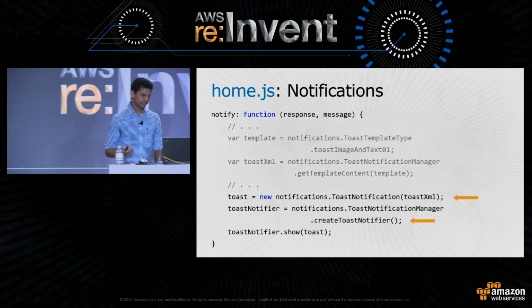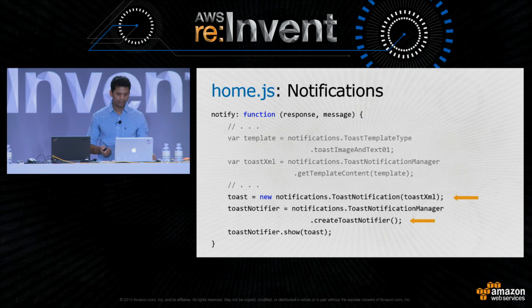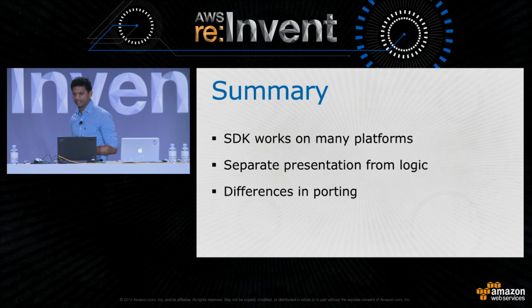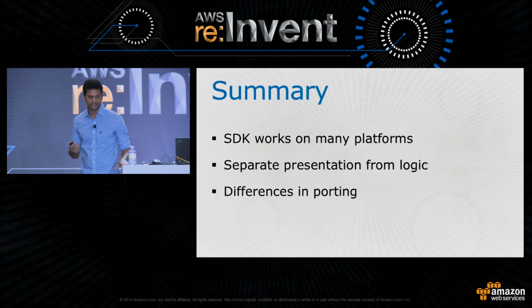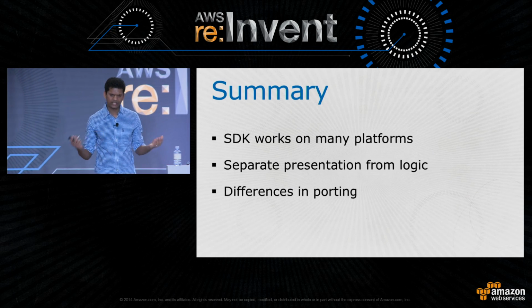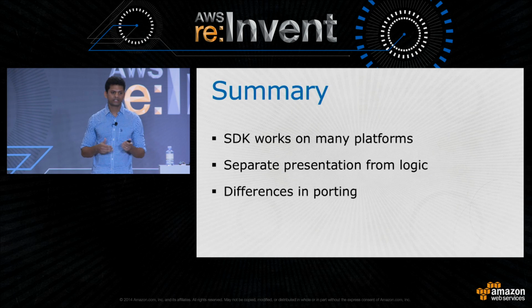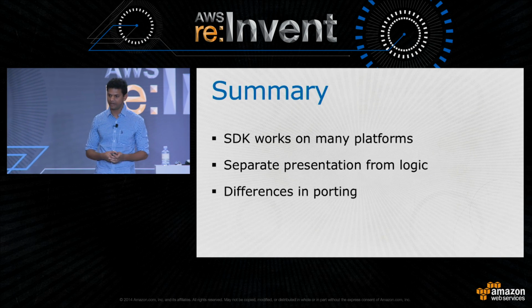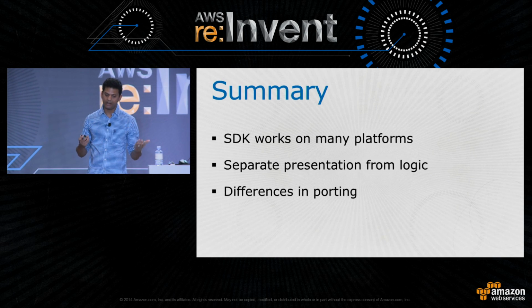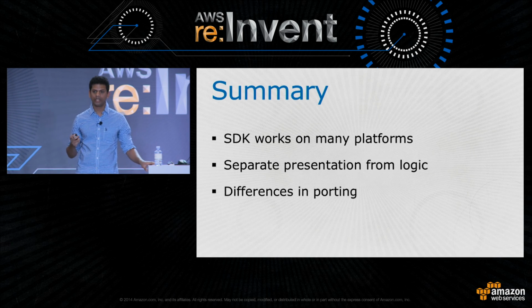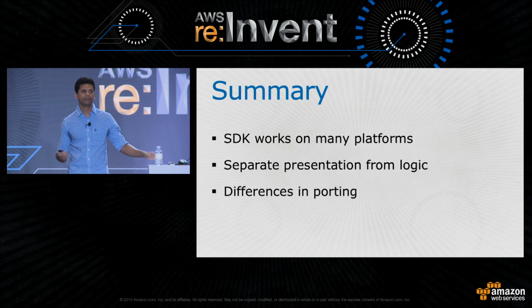Now, that's all the demos I have for you today, but here are some key takeaways from this talk. We've seen the SDK work across multiple platforms and environments, and there are some differences in the way you would include the SDK itself with these different platforms and environments, but it doesn't require any other effort.